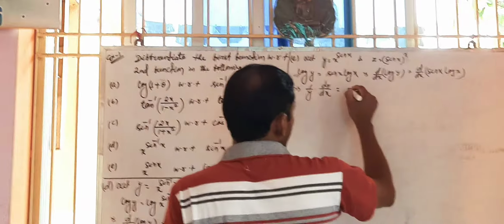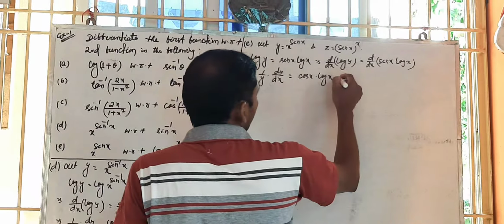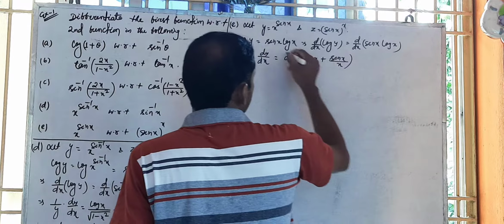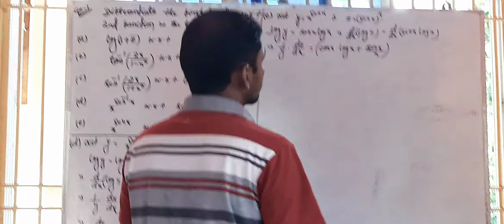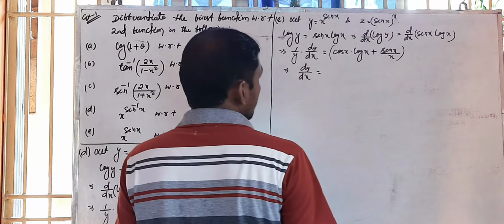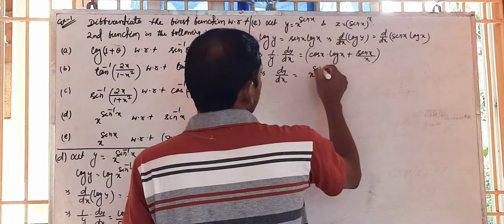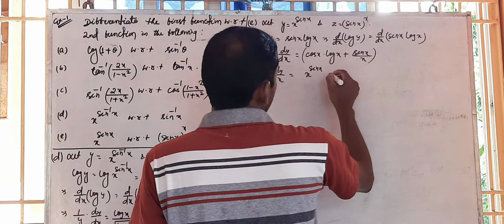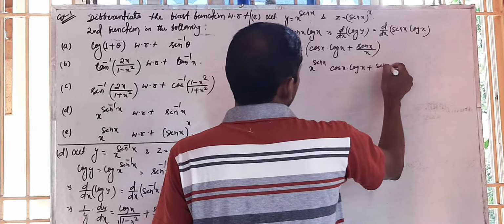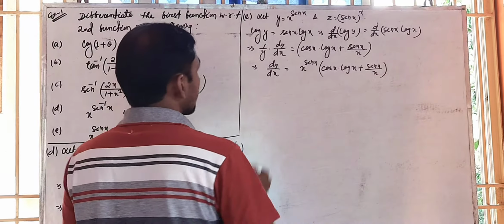Product rule: derivative of sin is cos into second function log x, plus first function into derivative of second, this is 1 by x. So dy by dx equal to y into this. So what is y? x to the power sin x into cos x log x plus sin x by x. This is dy by dx.